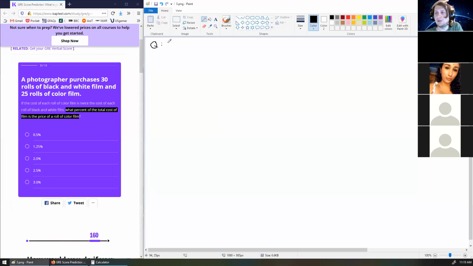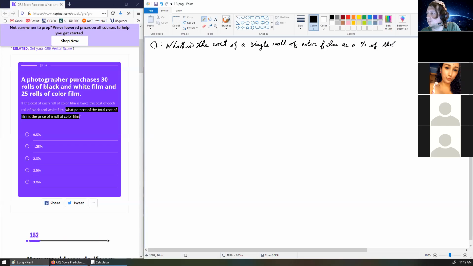Okay, so what is the cost of a single roll of color film as a percentage of the total order cost?